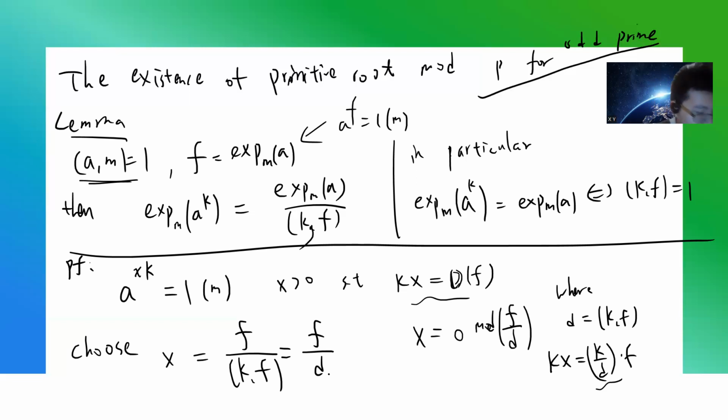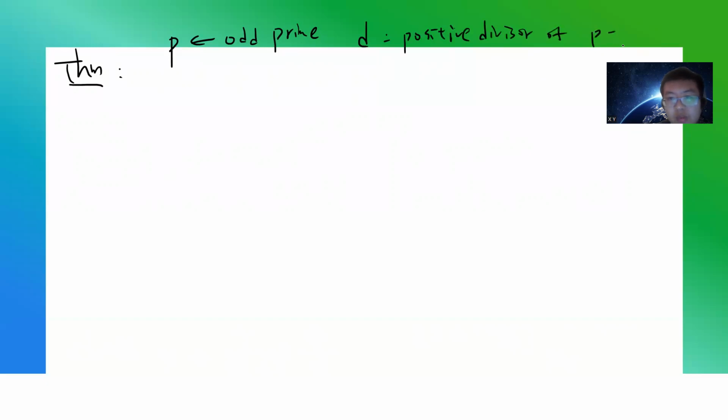Okay, now with this result we can prove the existence. So, theorem. Let p be a prime, and let d be a positive divisor of p minus 1.